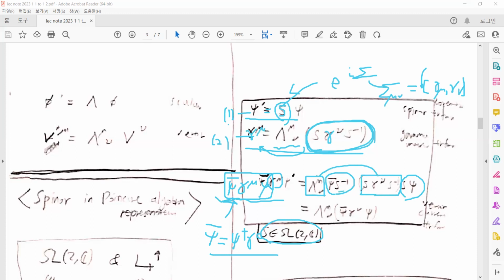Then S inverse S and S inverse S will disappear. So such objects will transform like vectors.